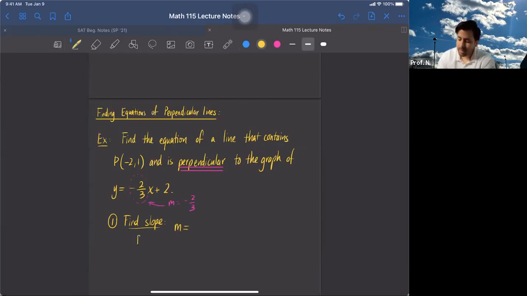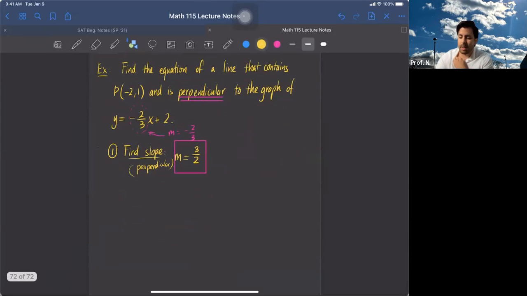So what's the perpendicular line slope? It can't be negative 2/3. It has to be positive 3/2. That's right. So the slope is positive 3/2. That's really all the major differences.